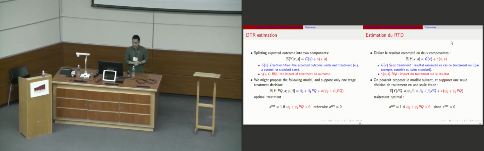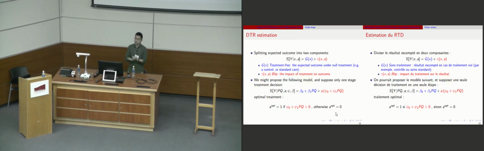Recall that the treatment-free part, the blue part, has no relationship with the treatment. So if we want to choose the optimal treatment, the only focus is on the gamma function. If the red part, psi 0 plus psi 1 PQ, is larger than 0, to optimize the outcome we need to choose treatment 1.